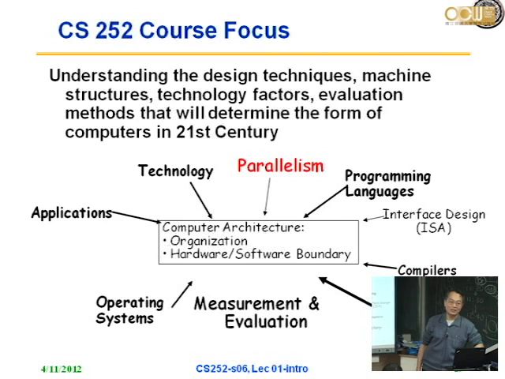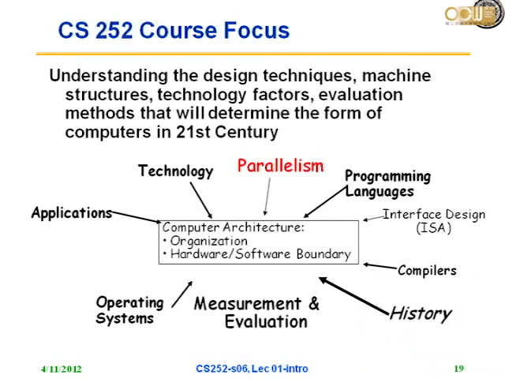So for 1 gigahertz, the period is 1 nanosecond. So how far can light travel in 1 nanosecond? 0.3 centimeters. How many centimeters? 0.3? Oh, 0.3 meter. Right. Light can travel that far in 1 nanosecond.